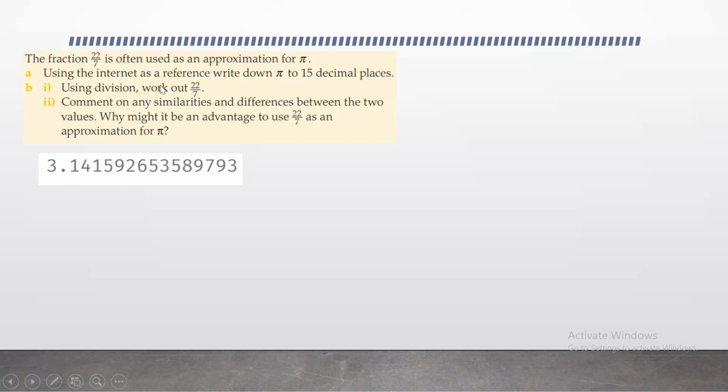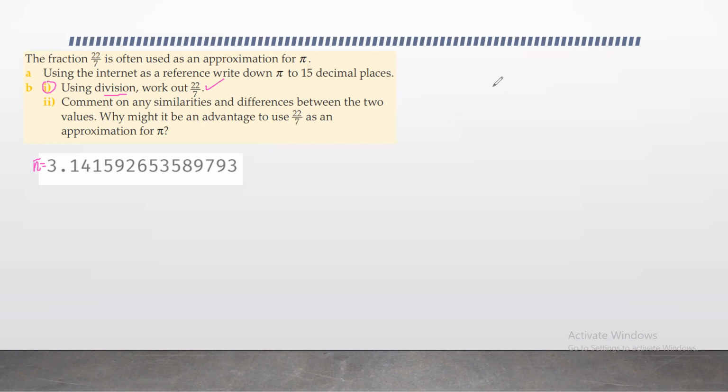And you can see that, this is the value of pi, which is equal to 3.141592653589793, and it is a non-terminating, non-recurring, irrational number. But what is the relation of this value of pi with 22 over 7, using the division method to work it out?